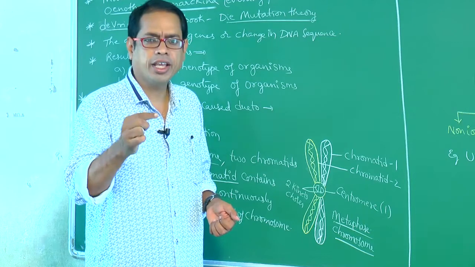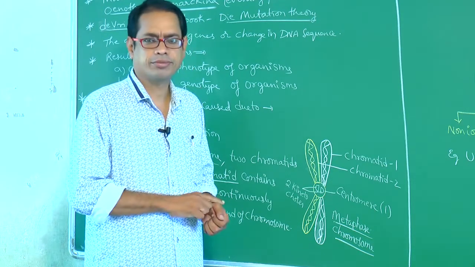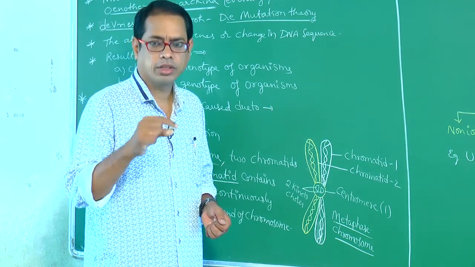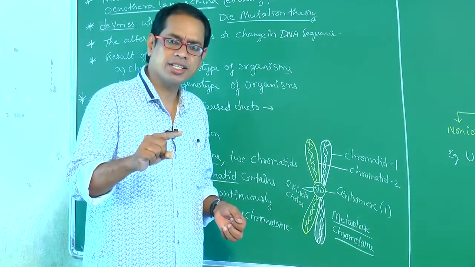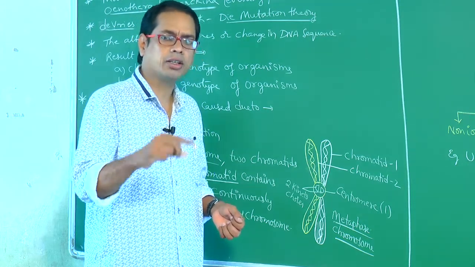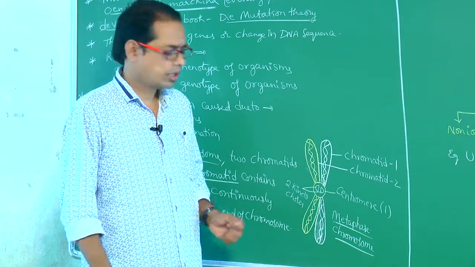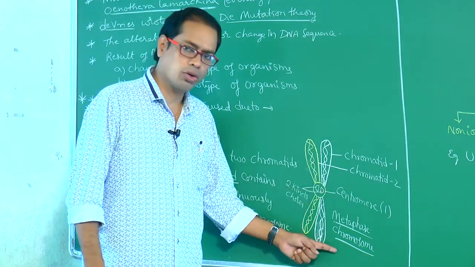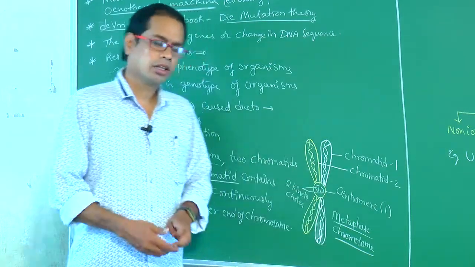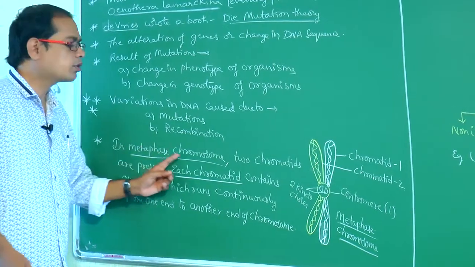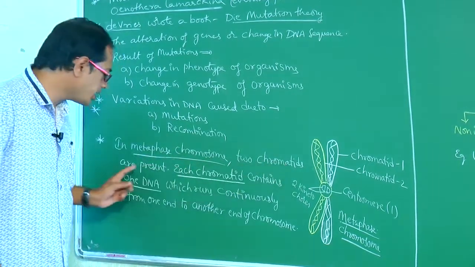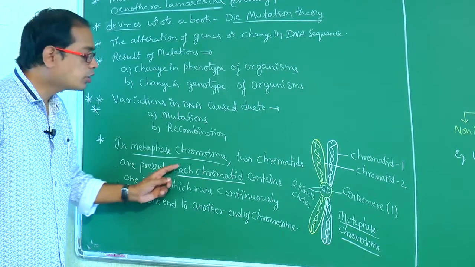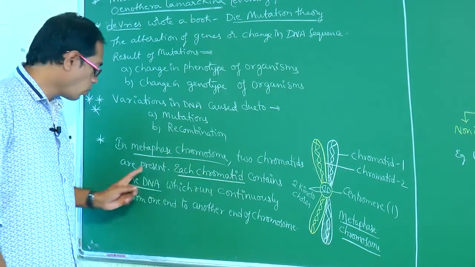Number of DNAs in each chromatid 1. Number of DNA strands in each chromatid 2. Number of centromeres in a metaphase chromosome 1. Look here, in a metaphase chromosome, 2 chromatids are present. Each chromatid contains one DNA.